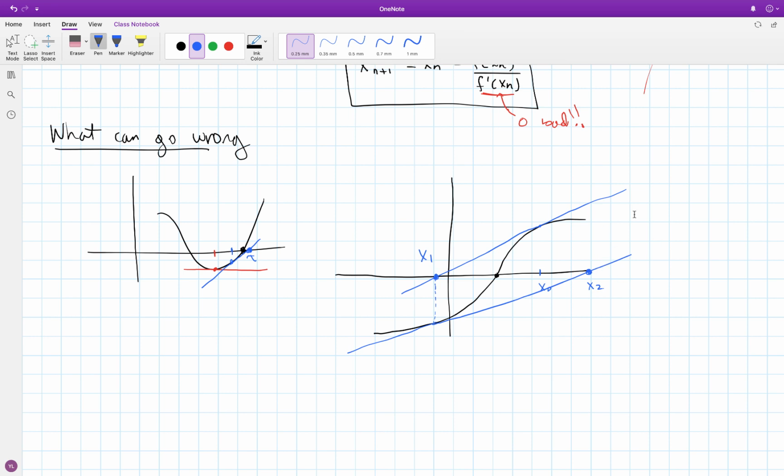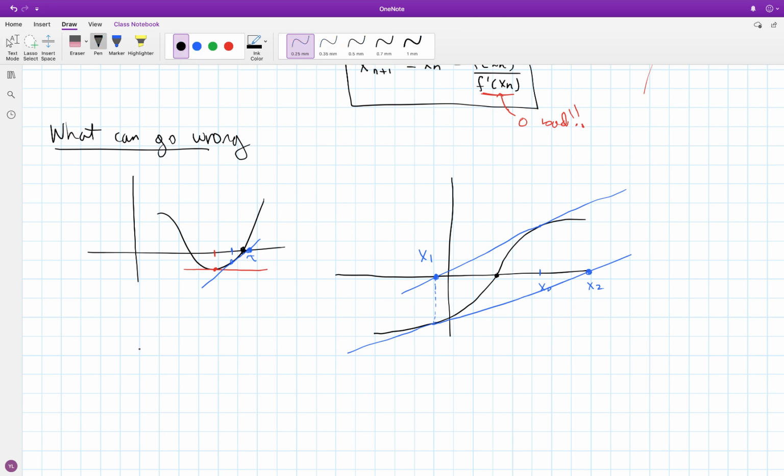This guess wasn't close enough to the original guess. Depending on the geometry, it may be numerically close, but based on how the slopes are playing out, my guesses might get worse. So if you see your guesses diverging, this might be the geometry that is producing it.